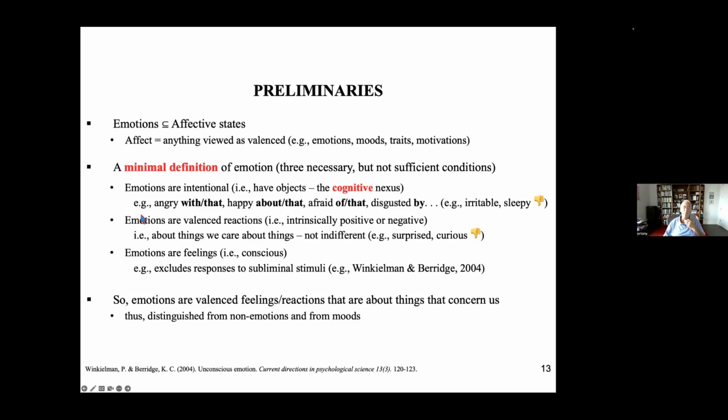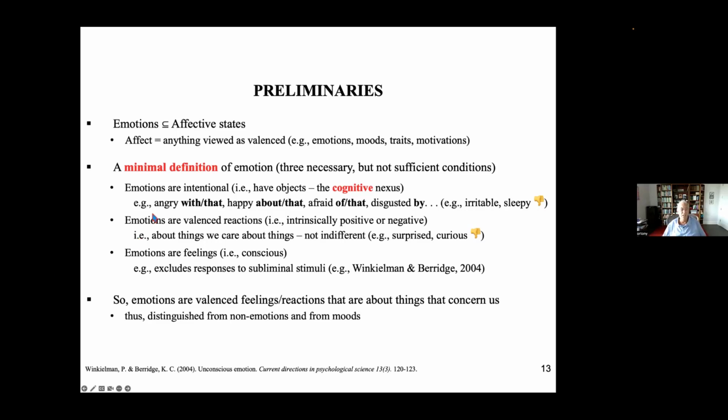So here's a minimal definition of emotion. And for that, we would want to say there are three necessary but not sufficient conditions for a mental state to be an emotion. And in a sense, that it's a mental state could be thought to be, for us, a fourth necessary condition. First, as philosophers have long argued, emotions are intentional. That is, they have objects, they're about something.